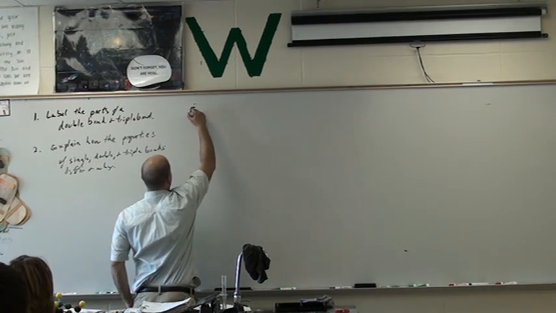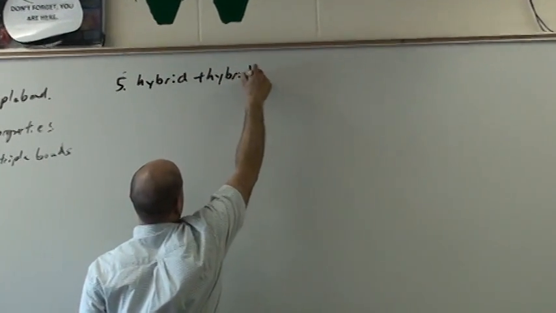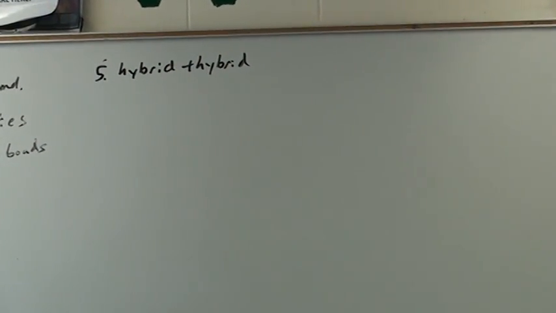So the fifth type is a hybrid overlap. And one example of a hybrid overlap is a double and a triple bond. And so in this example, we're going to explain how double and triple bonds work.